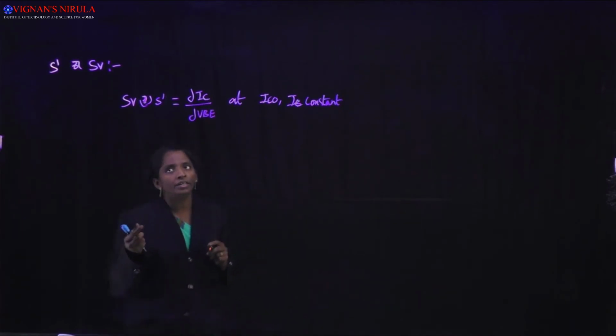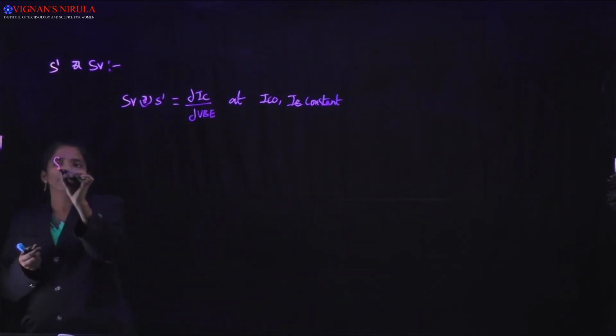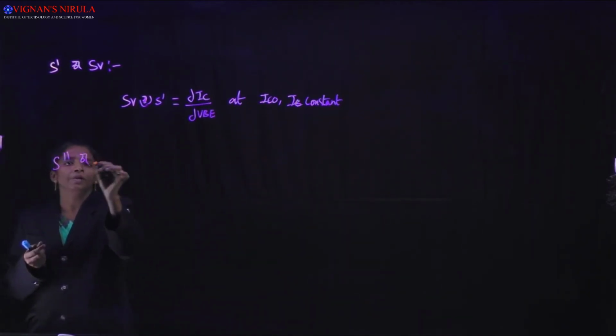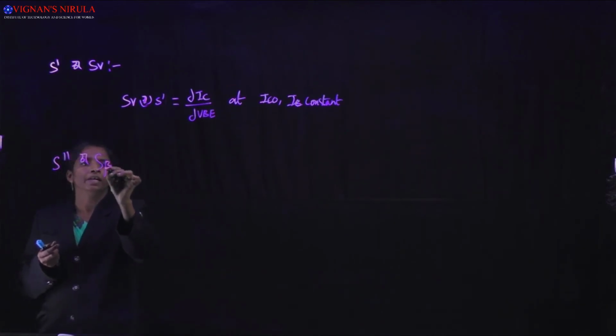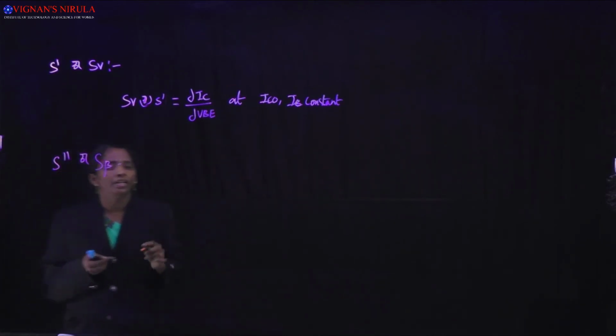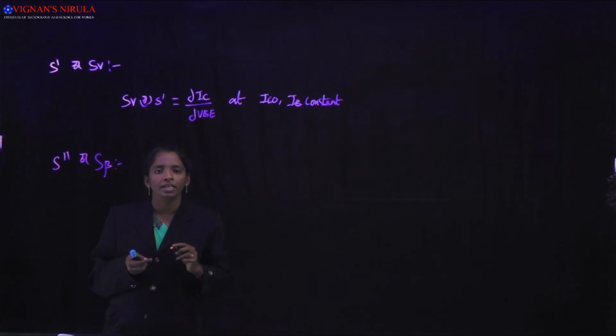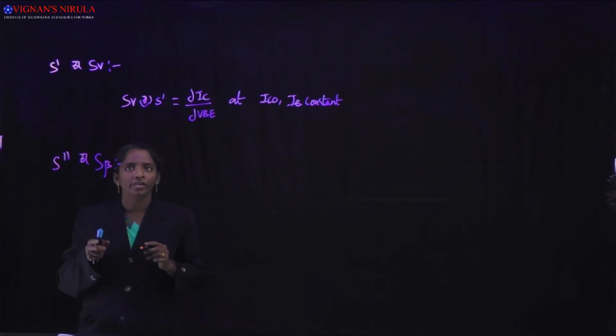And another one is the S double bar, which is also represented with S beta. Here the rate of change of collector current is taken with respect to beta. So that's why we are representing the stability factor with the suffix beta.